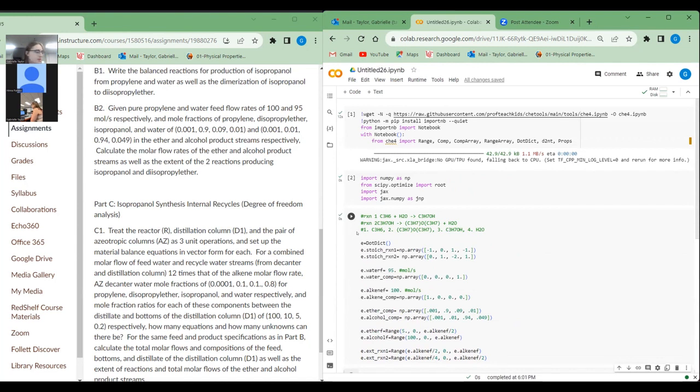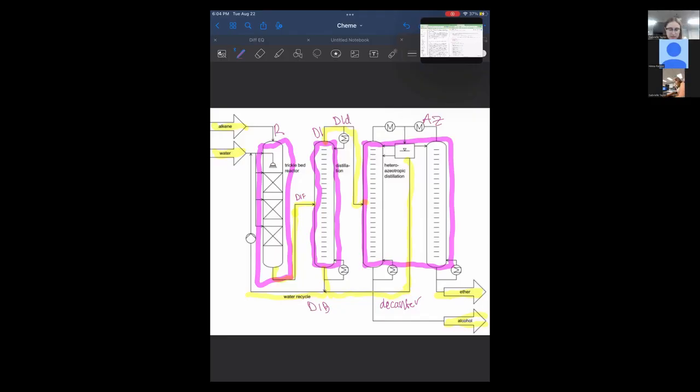So let's go back and let's figure more of this problem out that's not in the code, right? So we're going to look back at this reactor here, okay? The first thing that we want to look at is this distillation chamber, right?